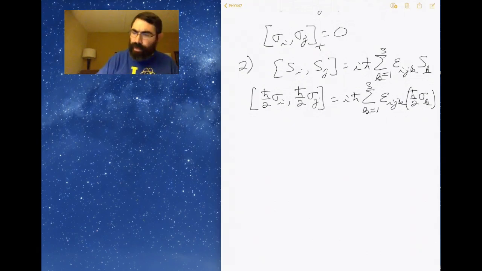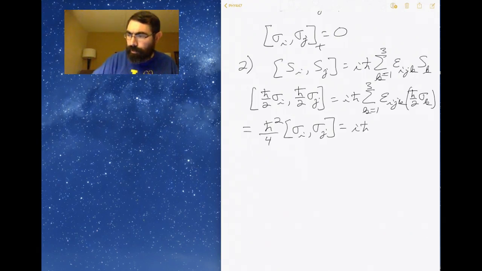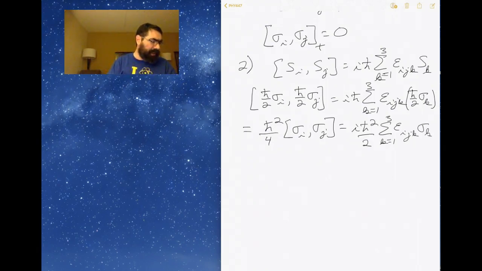Okay, so if we work this out, I can factor out the h bar over 2's, so I get h bar squared over 4 is equal to i h bar squared over 2 times this sum. Now we can divide out the h bars.